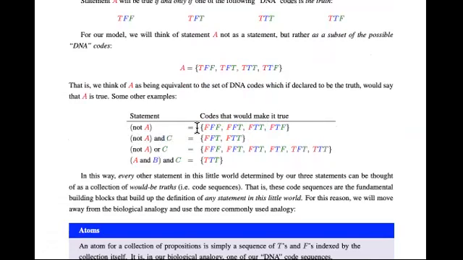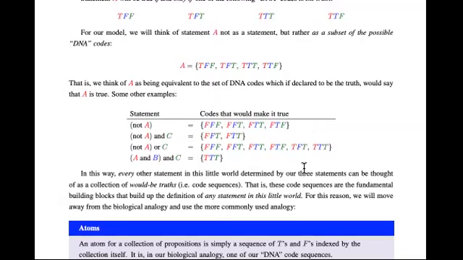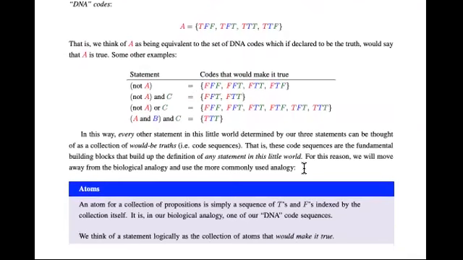What we're doing is looking at subsets of possible codes for A, B, and C, and we're letting statements be equal to subsets of those codes. In fact, this is precisely the way that we think about linking logic with power sets. So we're turning every statement into a set.